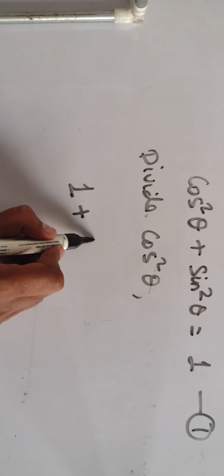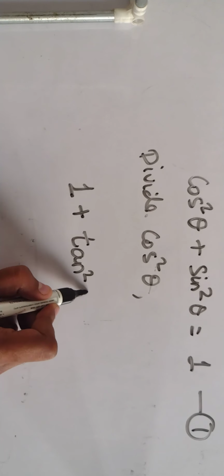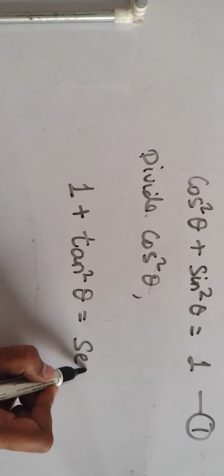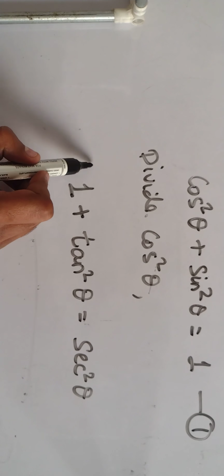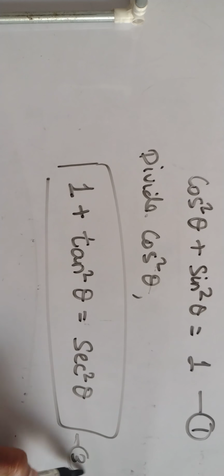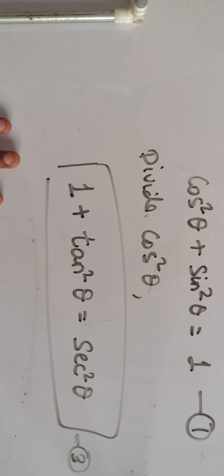Sin square theta upon cos square theta will be tan square theta, and 1 upon cos square theta will be sec square theta. Are you following it? This is the third fundamental identity. Understand, guys, these are the three fundamental identities. No need to mug it up. If you are in intermediate or secondary grade, most of your numericals will be based on these three fundamental identities.